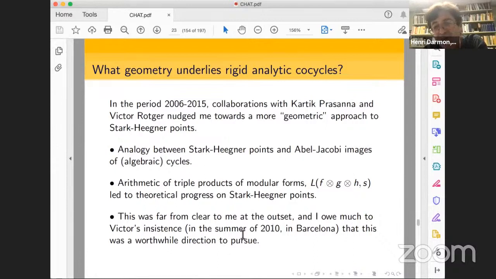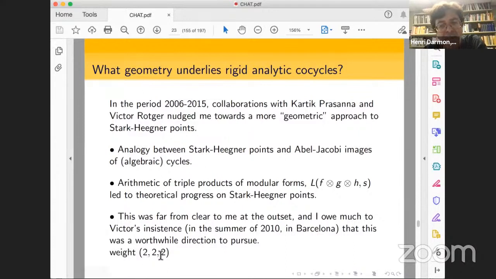And so I'm very grateful that Victor persevered and insisted that we continue to think about this triple product motive, because we saw later that it was actually closely connected to the BSD conjecture by the miracle of p-adic variation.